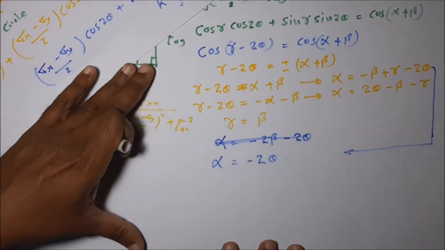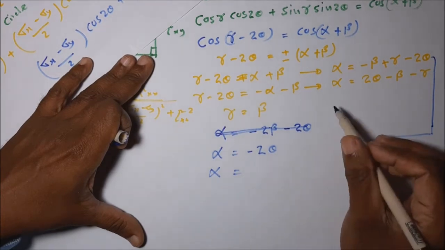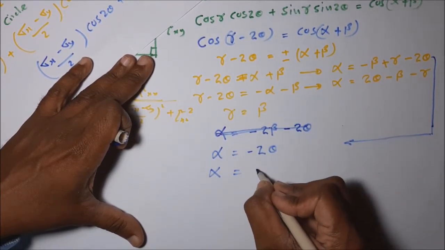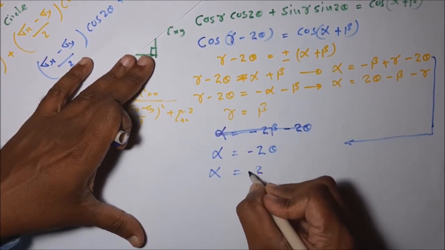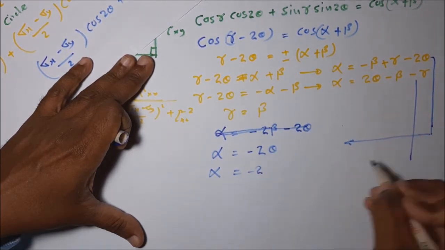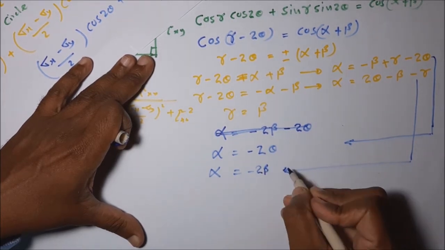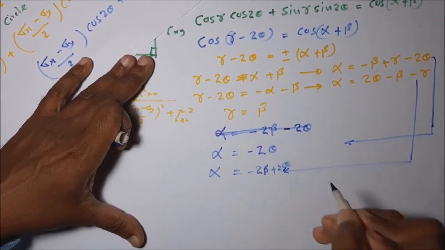Then next we are getting another answer for alpha: minus 2 beta plus 2 theta.